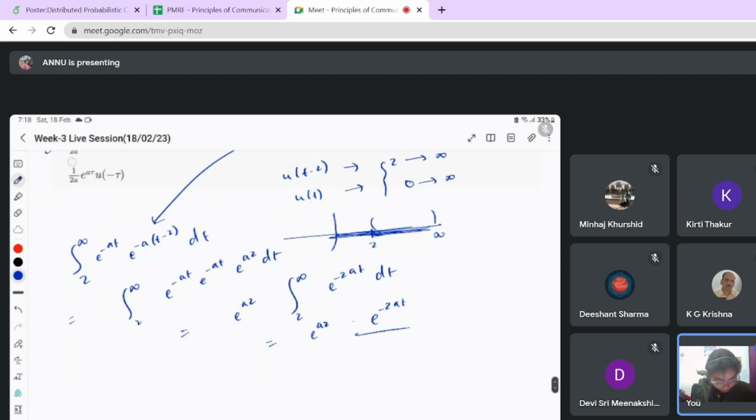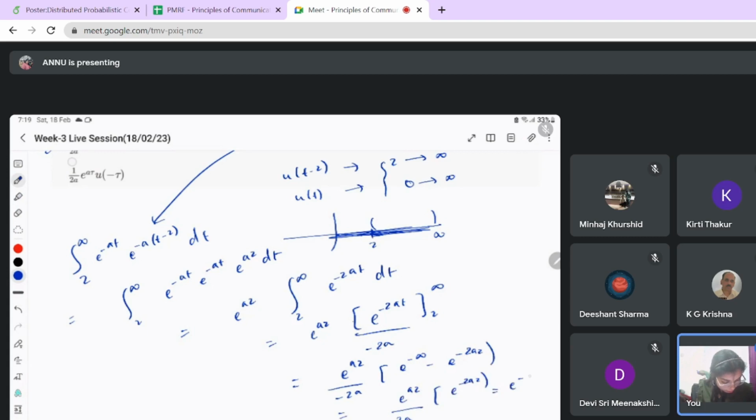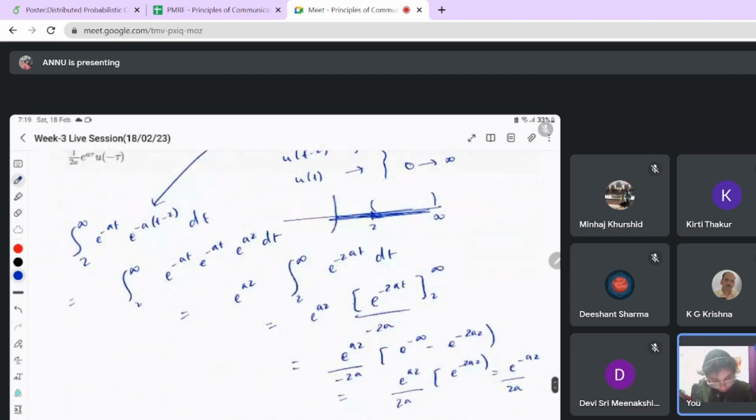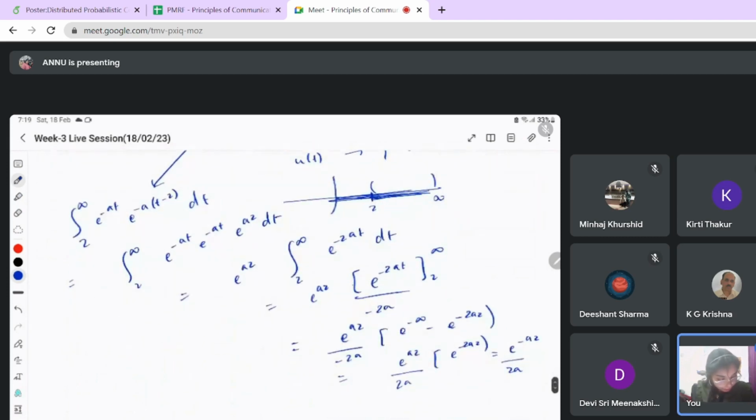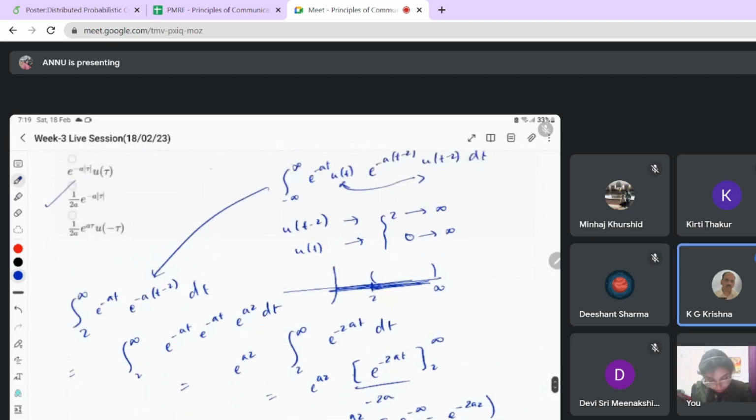Since I did not have the space, I did it like this: tau to infinity, minus 1 by 2a, e power minus infinity minus e power minus 2a tau. Here e power a tau by 2a, e power minus 2a tau. Here we'll get e power minus a tau divided by 2a. So yeah, the modulus you can apply. So you are getting option C.